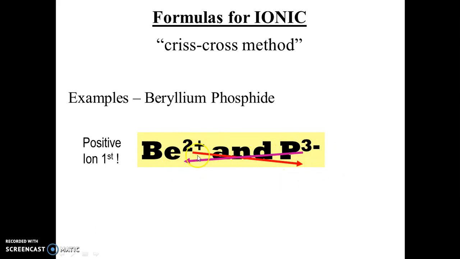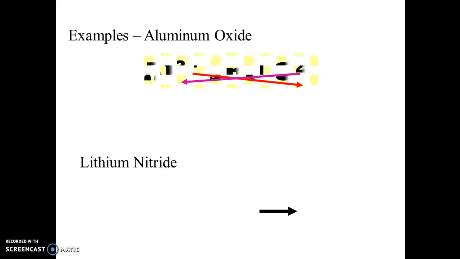The charge of beryllium becomes the subscript of phosphorus, and the charge of phosphorus becomes the subscript of beryllium, and we leave out the plus and the minus. So essentially what we get is Be3P2: 3 berylliums, 2 phosphorus.